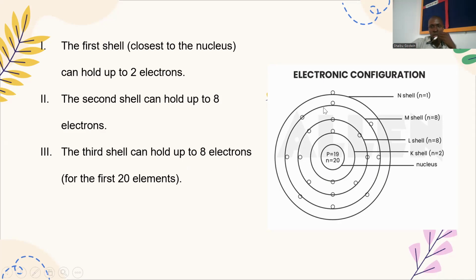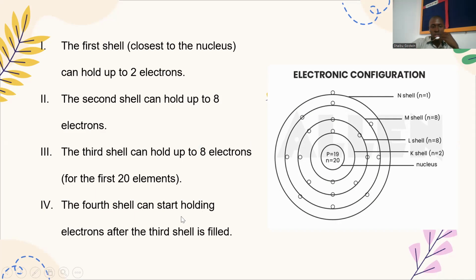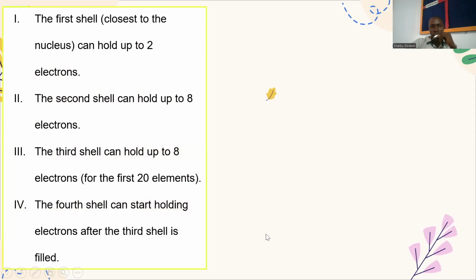The M shell can hold more than 8, but for the first 20 elements, its maximum is 8. And then the fourth shell can hold electrons when the third shell is full. So they will be distributed to the fourth shell. So basically, this is how electrons are arranged in the atom.